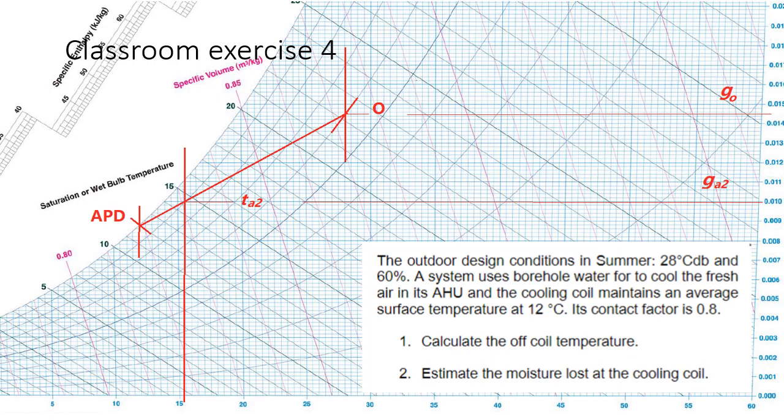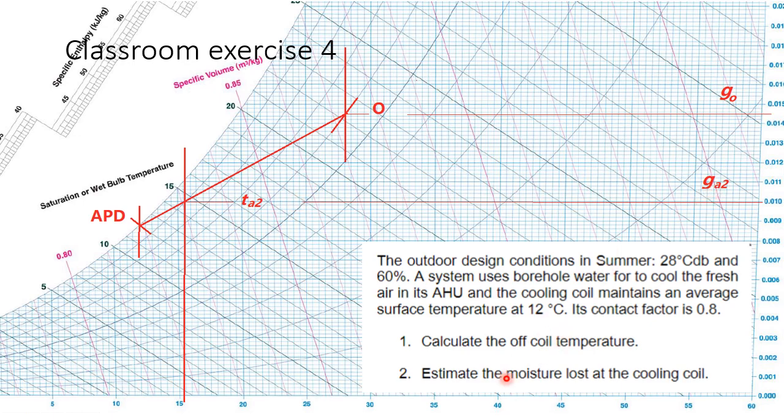If the contact factor is very small, the off coil temperature will be close to the O. Okay, if the contact factor is close to 1, it's close to the ADP. Okay, but now 0.8 is 20% close to ADP, 80% away from the outdoor. So this is the off coil state for off coil air, and the moisture content is GA2.